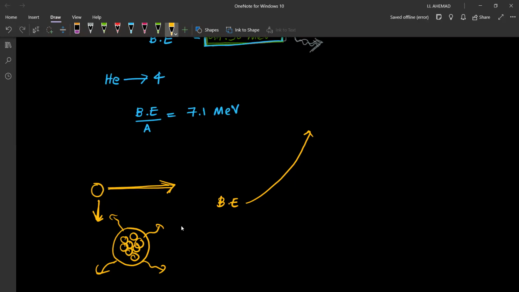So what we do is we divide them by the number of nucleons they have. Helium has 4 nucleons, carbon has 12 nucleons, and nitrogen has 14 nucleons, and so on. When we divide, what do we get? We get the binding energy per nucleon. It's just like getting the average, right?